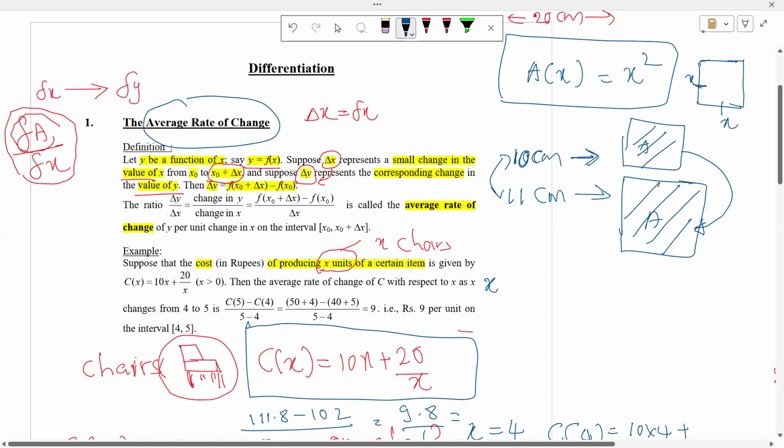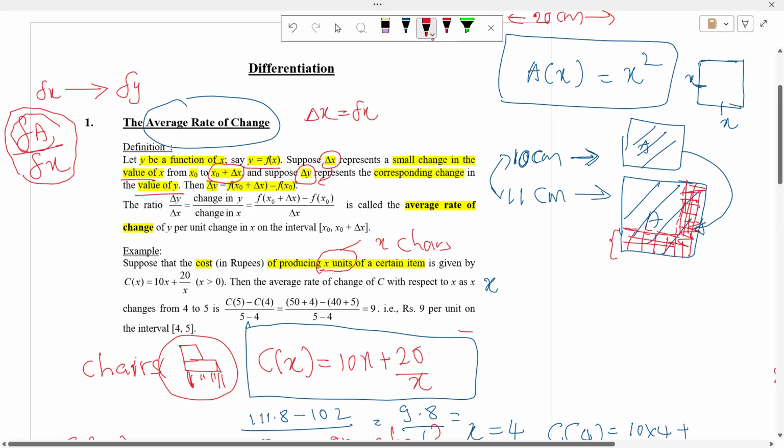That is the average rate of change. If you look here, this area inside will be the increment. This red colored area is the rate of change, the change that happened.